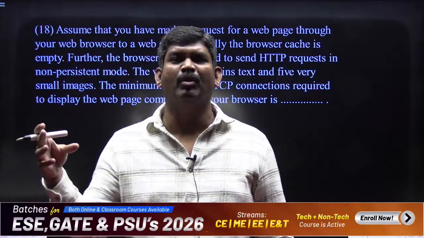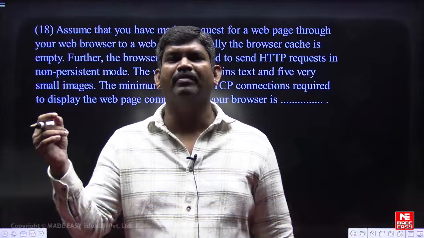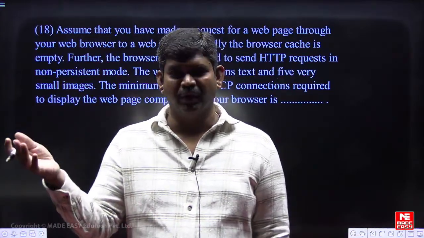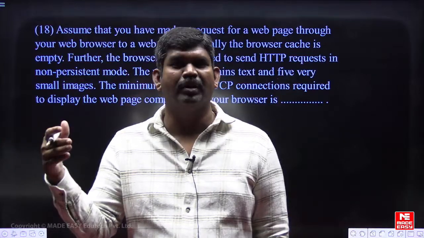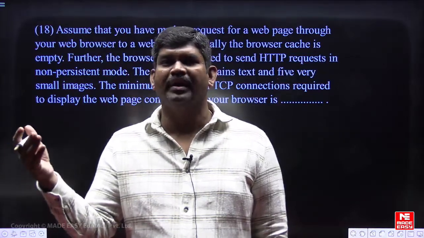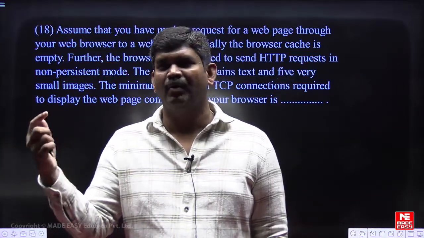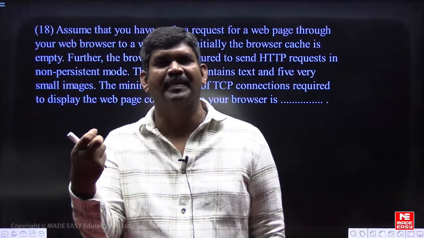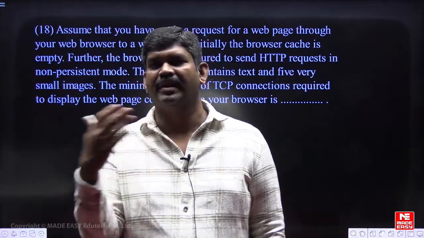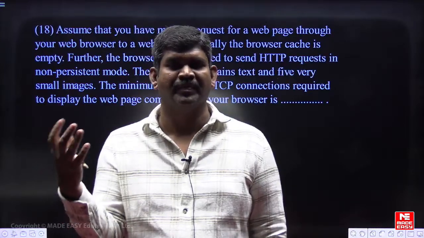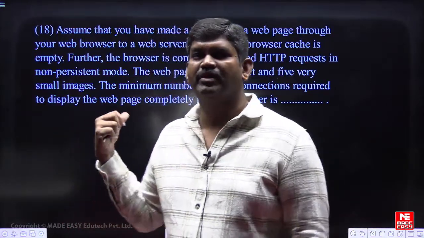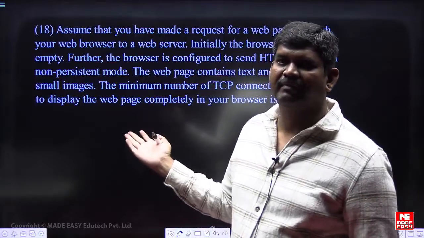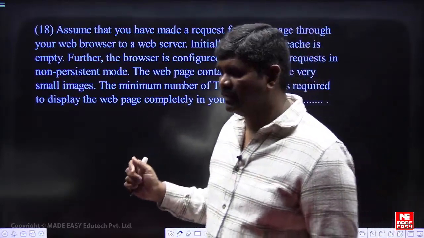But during that time, in the HTTP header, it mentions what type of method you are using, what type of connection you are using, whether persistent or non-persistent, and when you want to access an object or content from the server, some information can be mentioned in the response. Based on that, this question is designed. So please read every word in it and tell me the answer for this one.